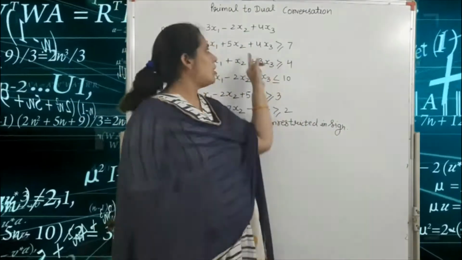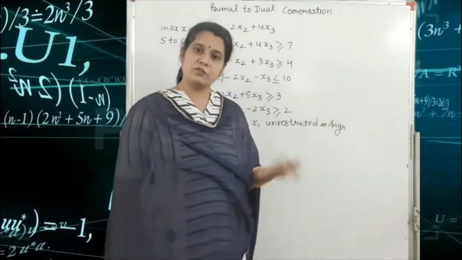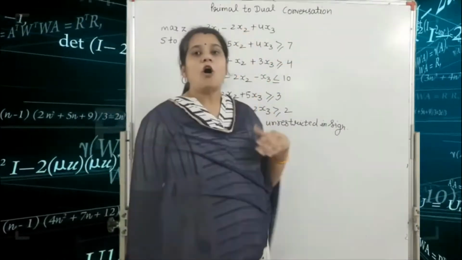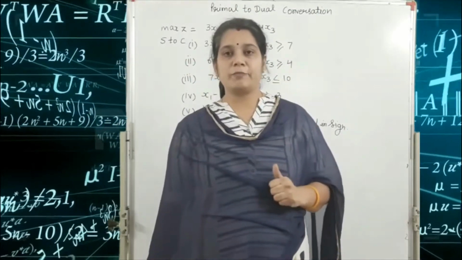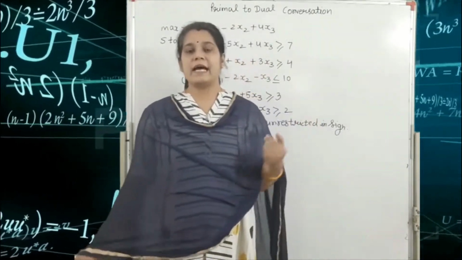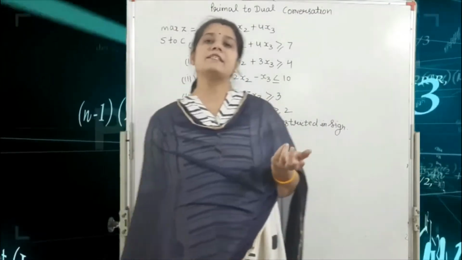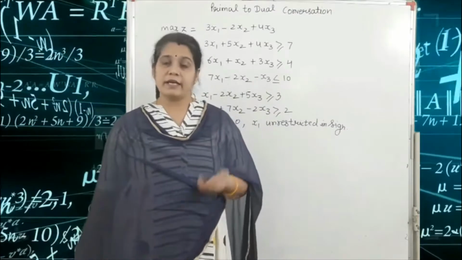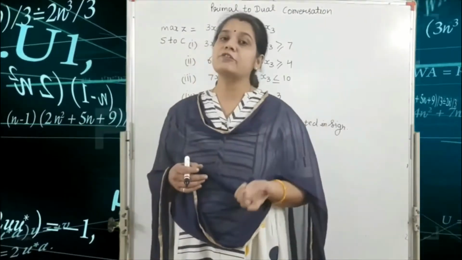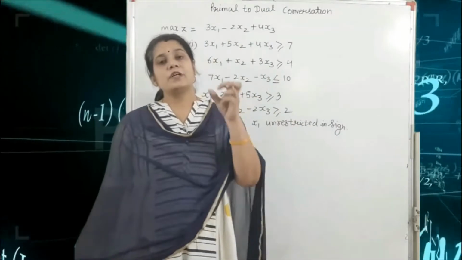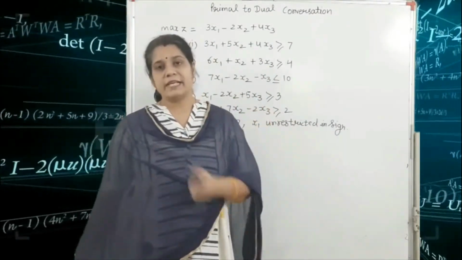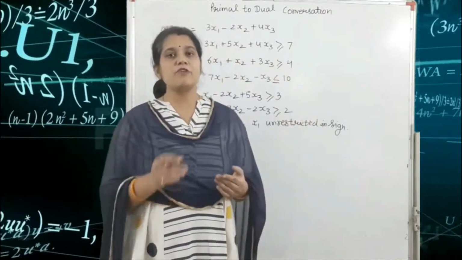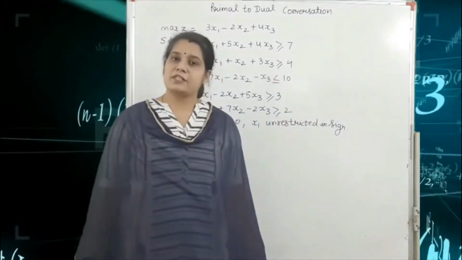That means the objective function converts into the subject to constraint equations and the subject to constraint equations convert into the objective function. This is the second property. The third property is that if your question is given in the maximization form, then in the dual you convert into the minimization form, and if it is given in the minimization format, then in the dual you convert into the maximization form.